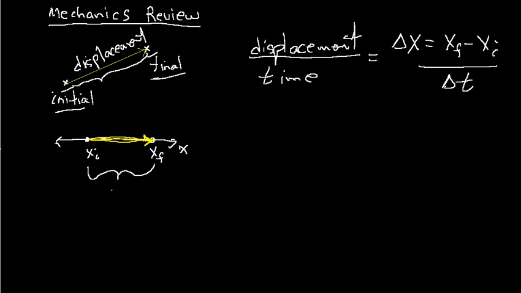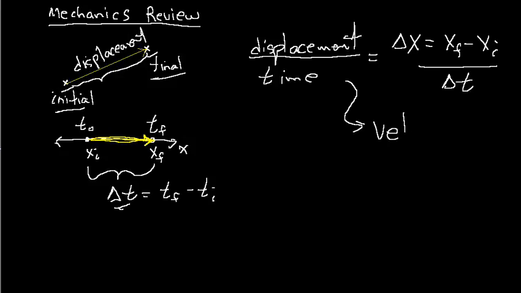In other words, to go from here to here is delta t. So this is my initial time, designated by t0, and this is my final time. Then my change in time is t final minus t initial. That delta means change. And we call this velocity.